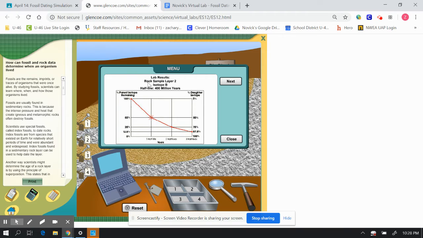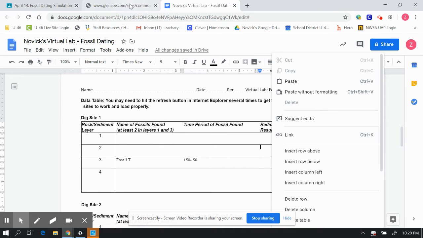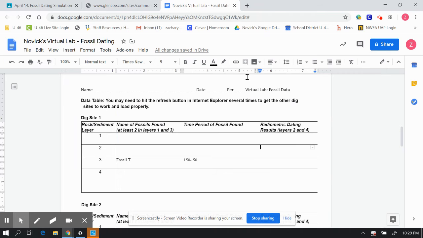In rock sample layer 2, there was isotope B, whose half-life is 400 million years, and we know that this went through one half-life. Thus, in our data table, we can put in rock sample layer 2 that this was 400 million years old.